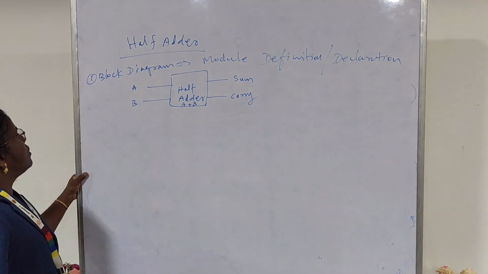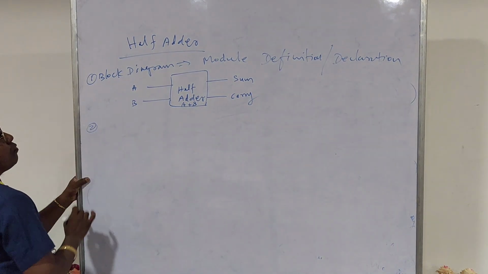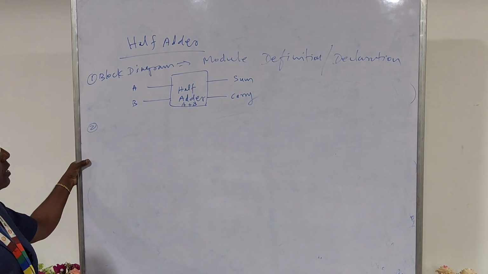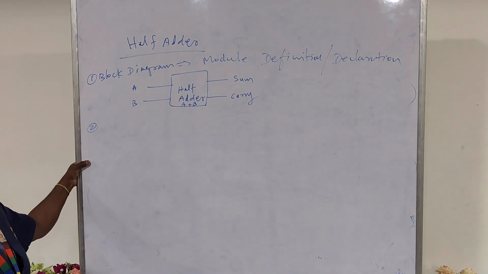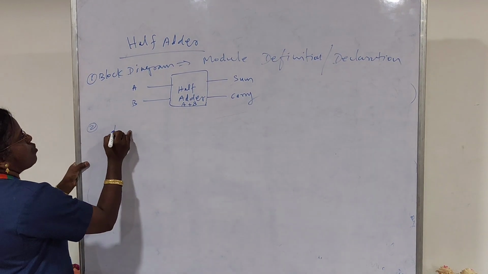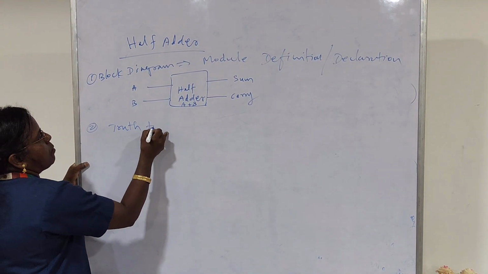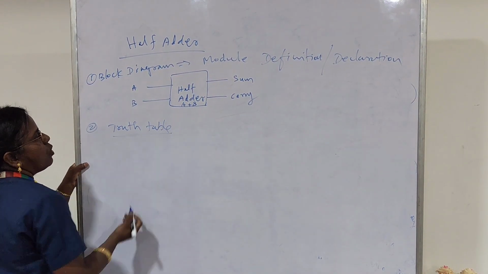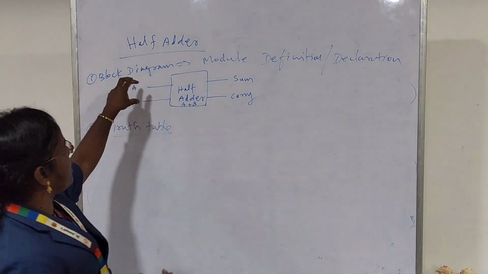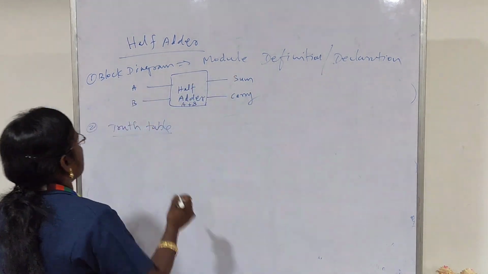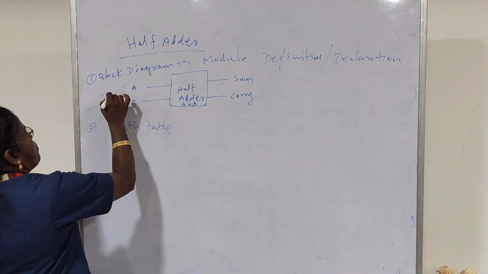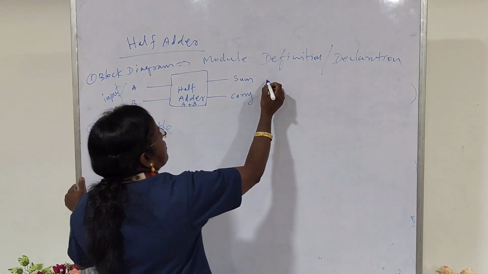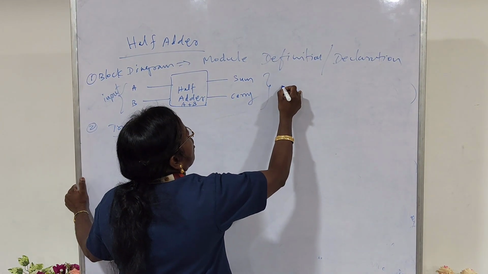Now the second step I have to follow: I should describe the functionality of this half adder circuit by deriving the truth table. What is a truth table actually? The truth table is the table which gives the relationship between the input signals and the output signals. These are my input signals of the half adder circuit, and this is my output signal.